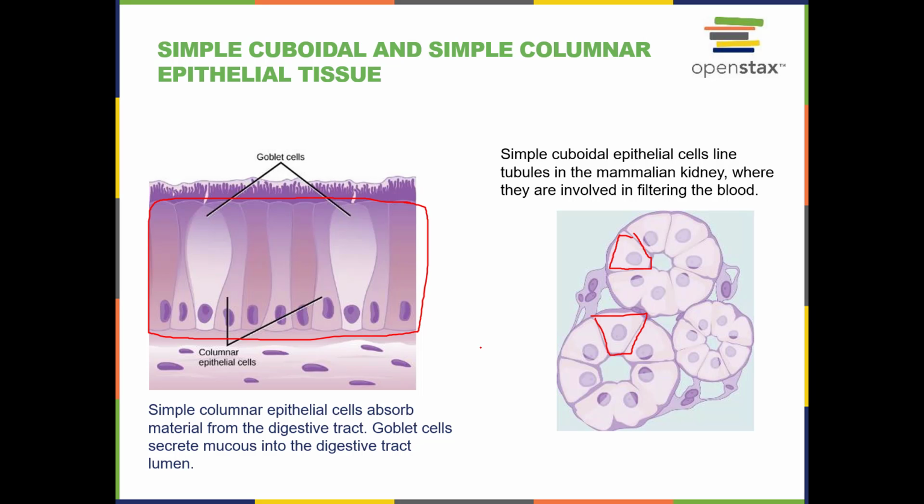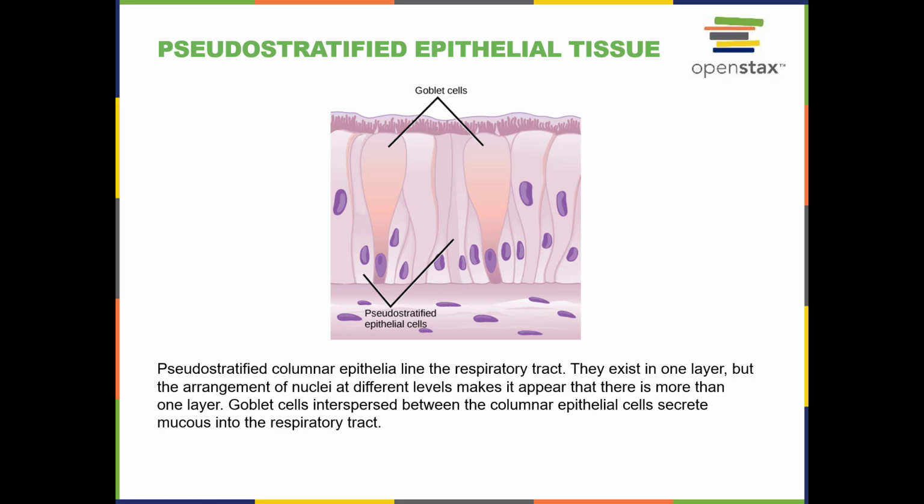All right. So squamous, columnar, cuboidal. Simple is one layer. Stratified means multiple layers. And pseudostratified is something that is actually a single layer, but it looks, at least initially, as if it might be more than one layer.